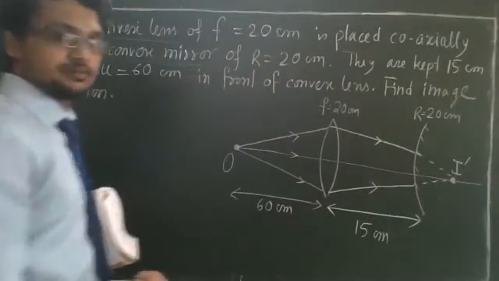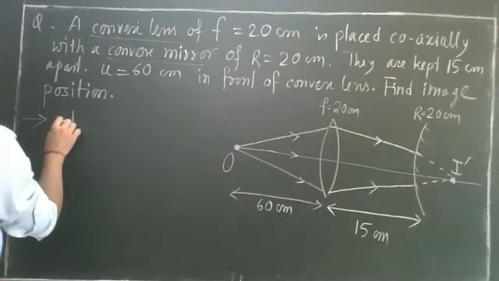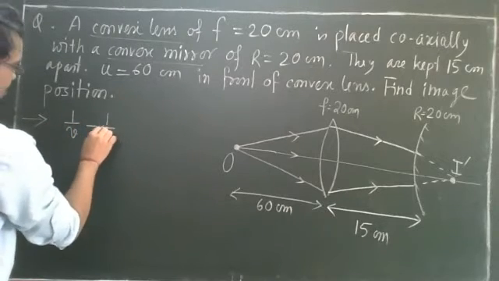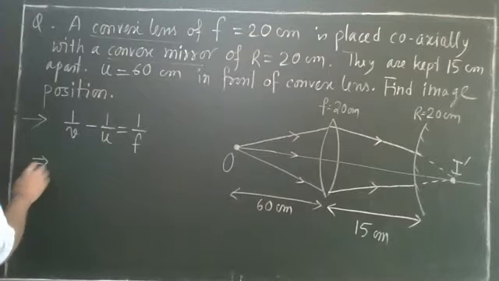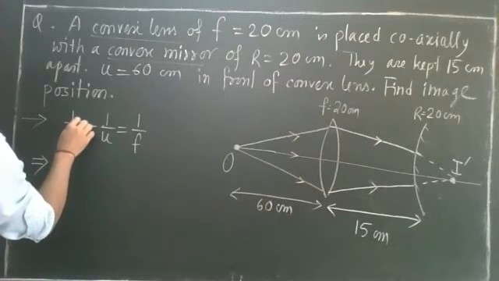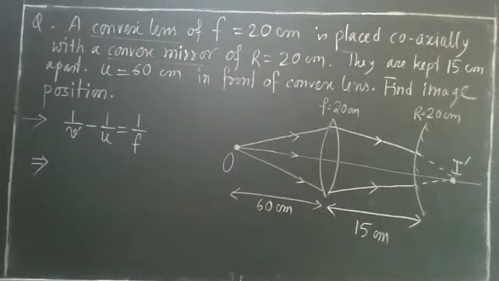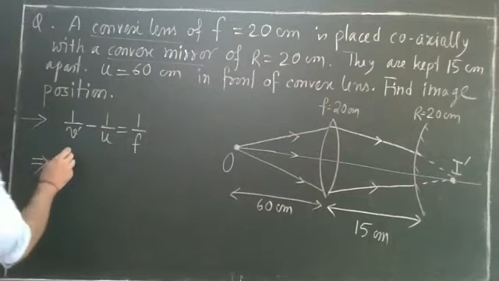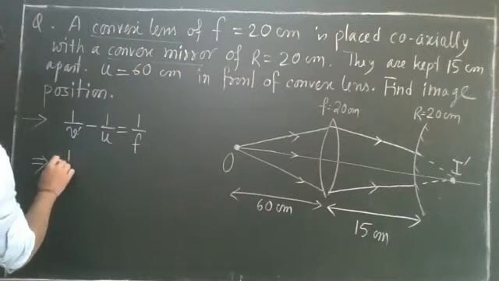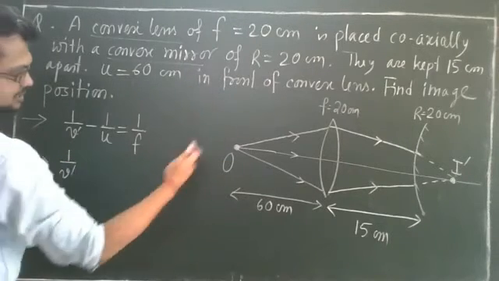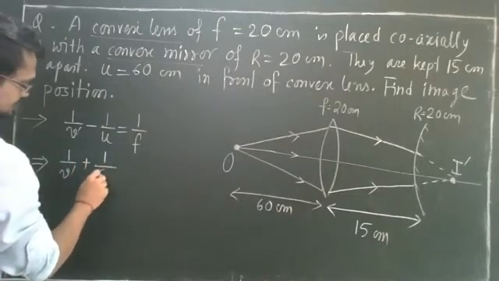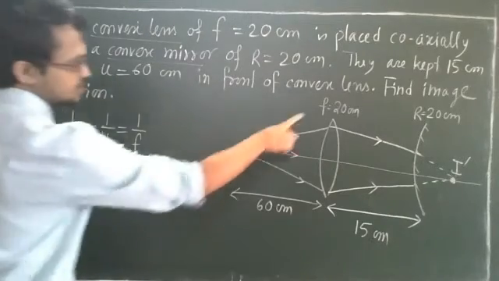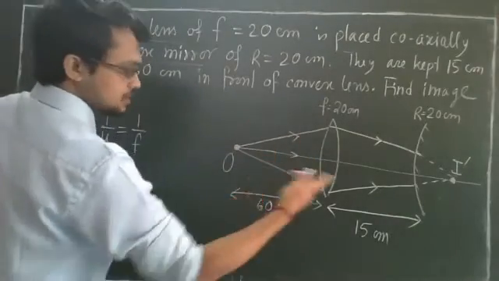Calculate. You know the formula: 1 by v minus 1 by u equal to 1 by f. So find v. Take it as v prime, because it is not the original image. So 1 by v prime. U is on the left side, that means minus, so minus minus plus, and the focal length for a convex lens will be positive.